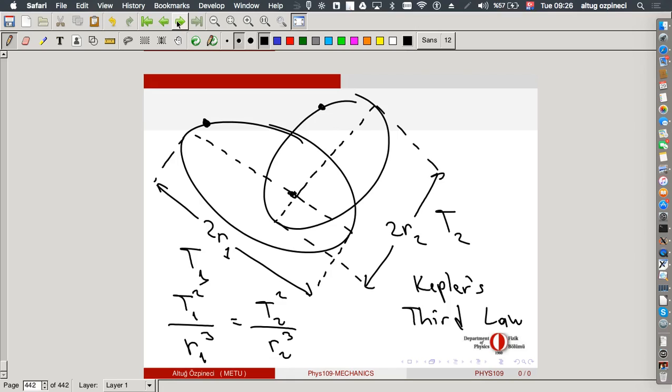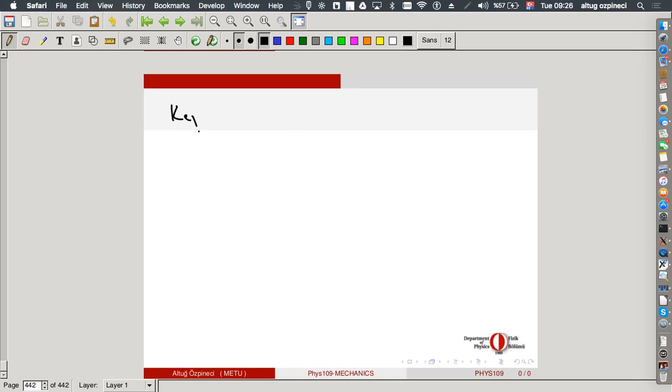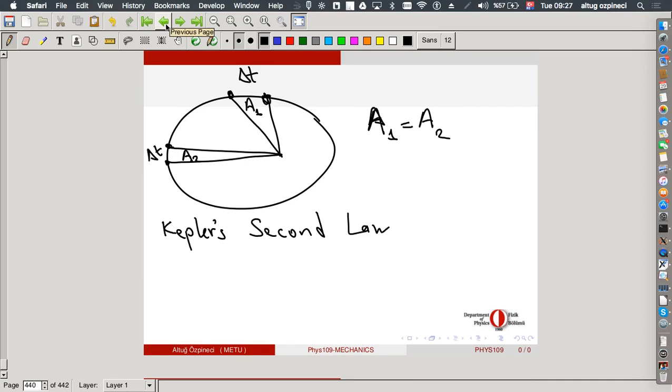Now let's start with the second law. If you remember what Kepler's second law was, A1 is equal to A2, or you can also say that A1 over delta T is equal to A2 over delta T. The advantage of writing it in this form is that A1 is the area swept in a time delta T. So A1 over delta T is nothing but the rate of sweeping of the area.